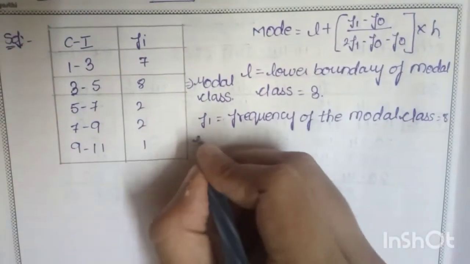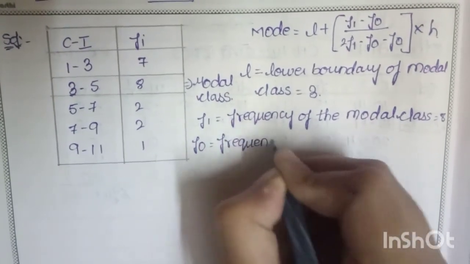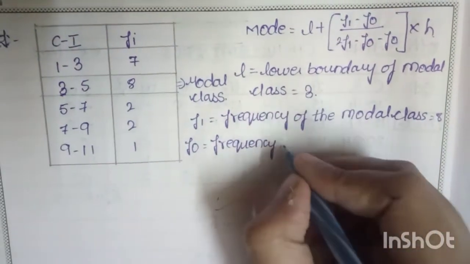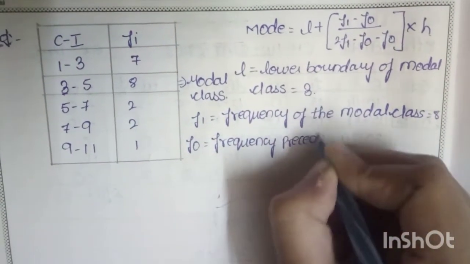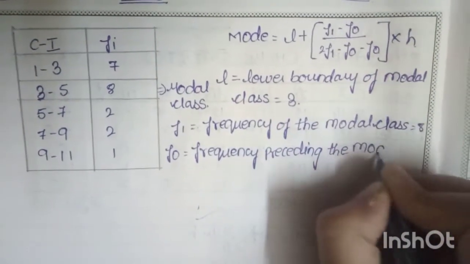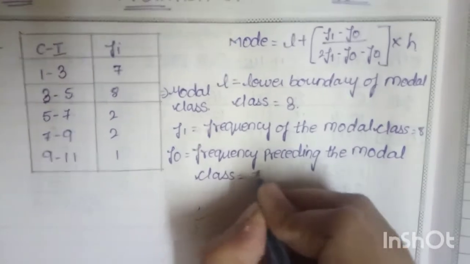Next, f0 is the frequency preceding the modal class, which will be equal to 7.